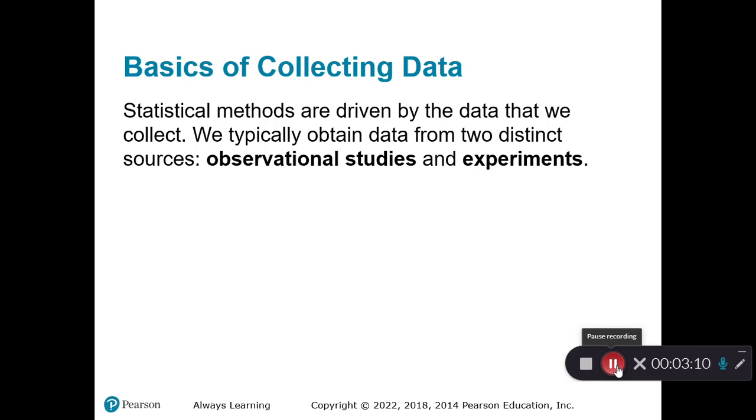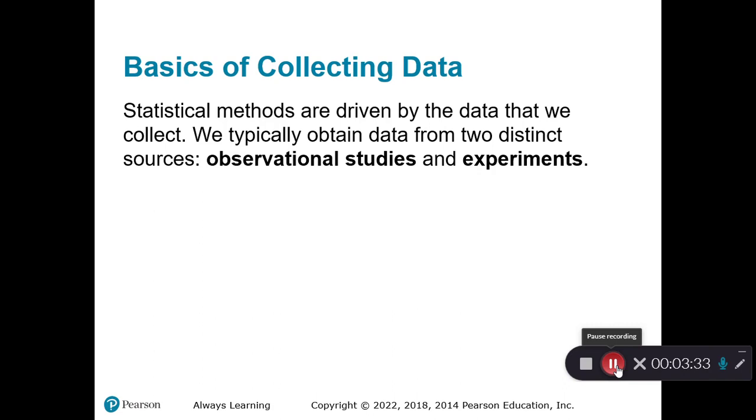In experiments, on the other hand, there is some active role that the experimenter, the researcher, is involved in. An experiment involves a treatment, and that treatment is what is being studied in terms of its effectiveness.